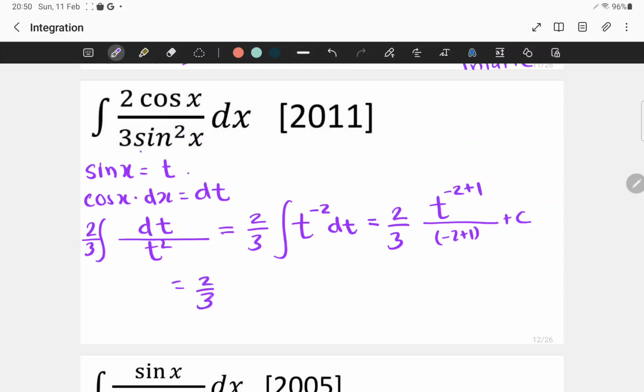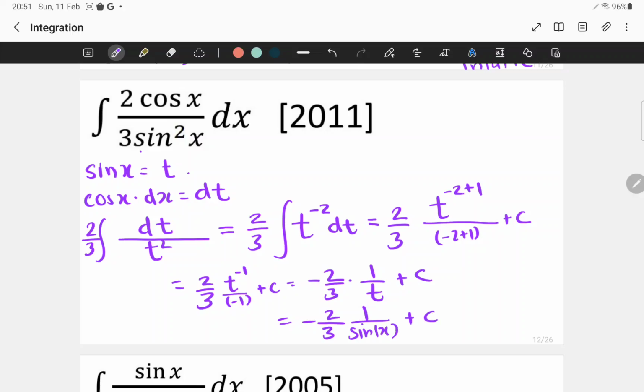So that gives me 2 by 3 t to the power minus 1 over minus 1 plus c. So minus 2 by 3 times 1 by t plus c. So all these problems carry around 3 marks.